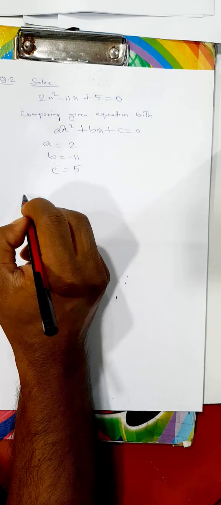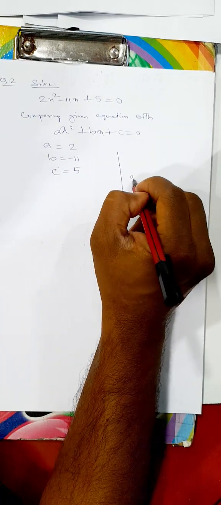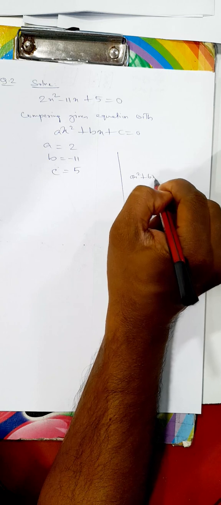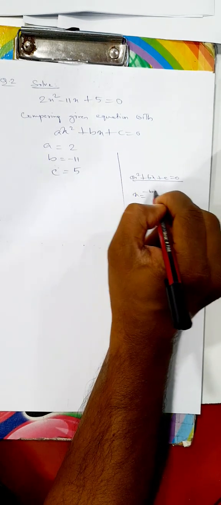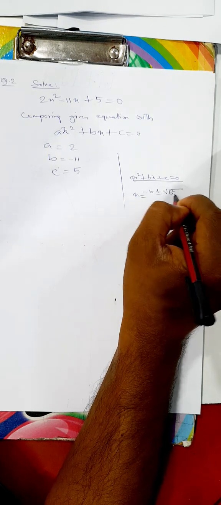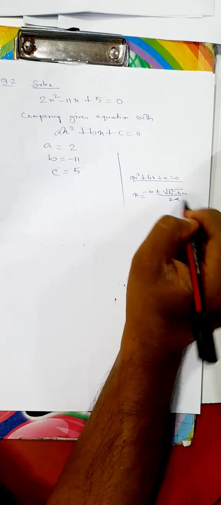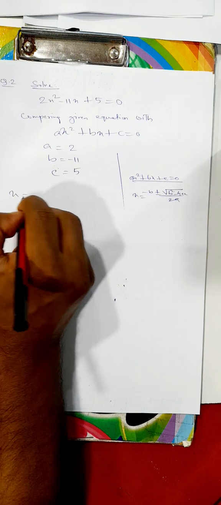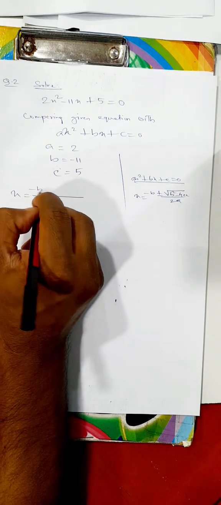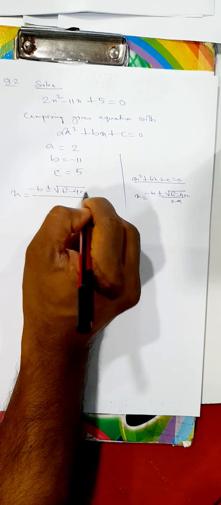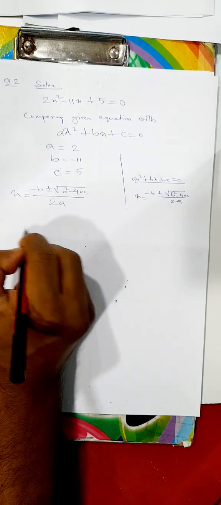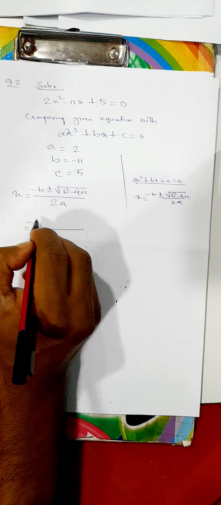Now roots of the equation ax square plus bx plus c equal to 0 are x equal to minus b plus minus square root of b square minus 4ac divided by twice a. Now what is b here?